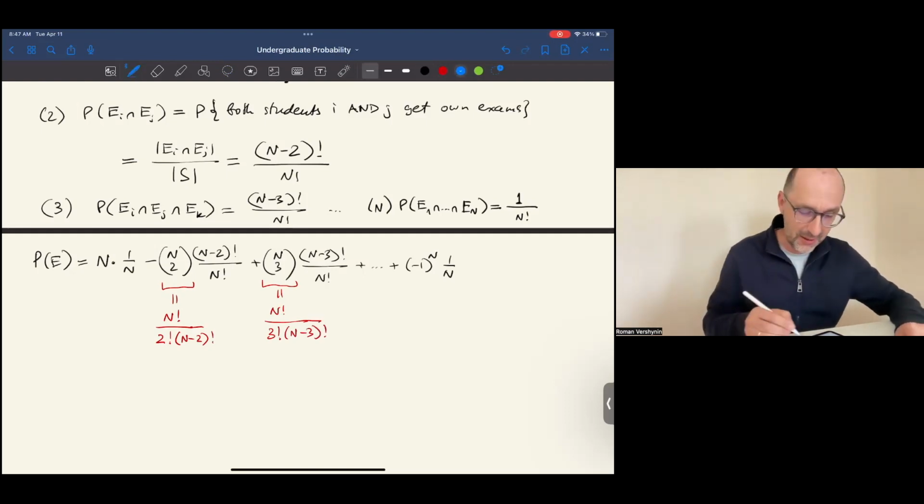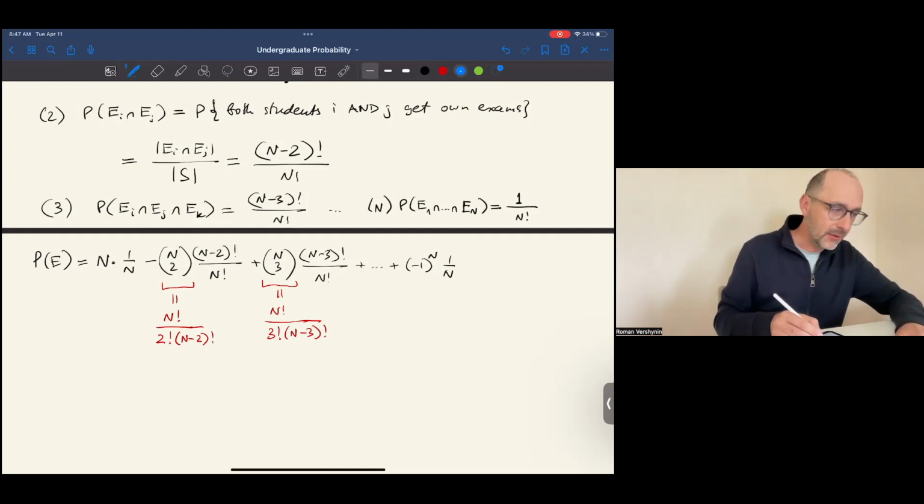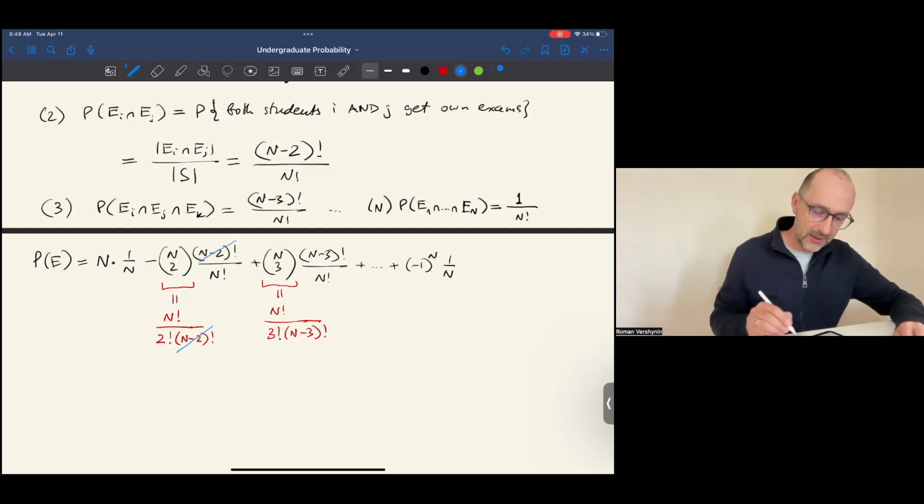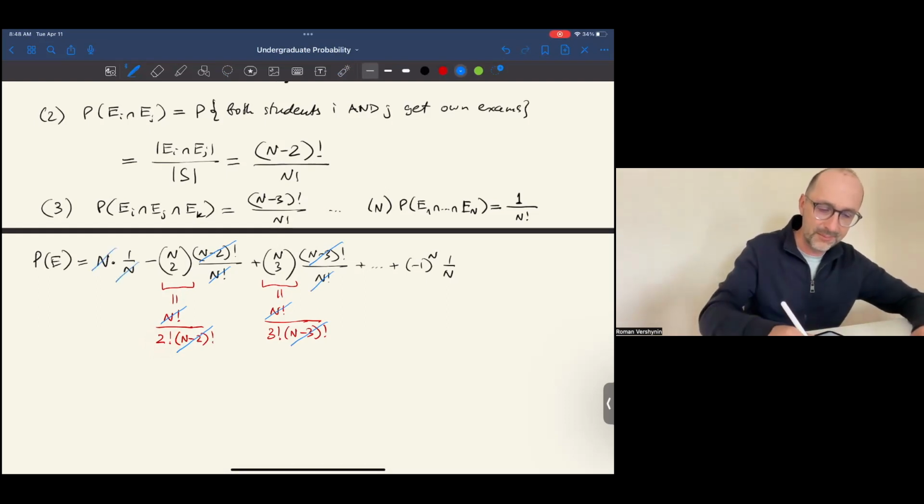And then something beautiful happens. (n-2)! in the denominator cancels (n-2)! in the numerator. n! in the numerator cancels n! in the denominator. And what remains from this term is just 2! in the denominator. Similarly here, n! cancels with n!, (n-3)! cancels with this. And of course, in the first term, n cancels with n.